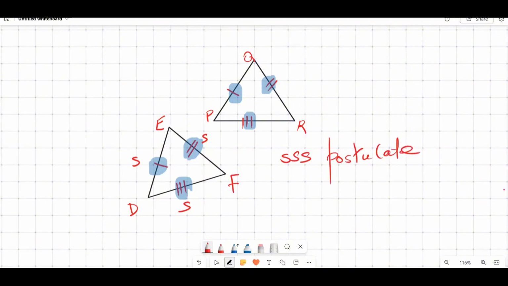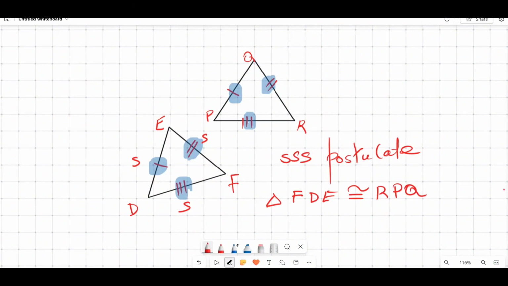In this case, I could say that the triangle FDE is congruent to triangle RPQ.